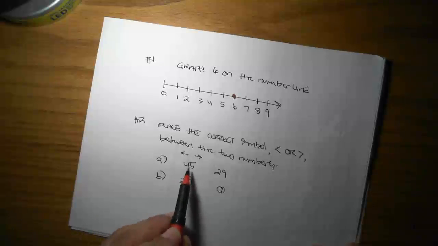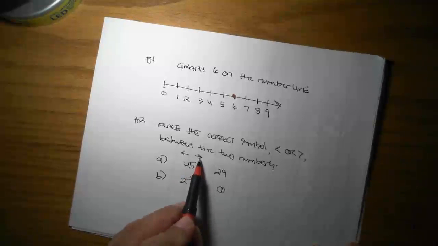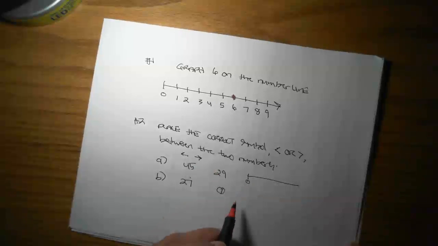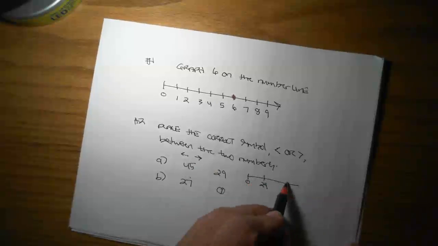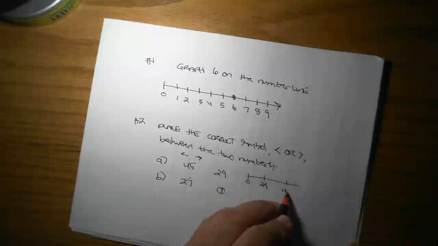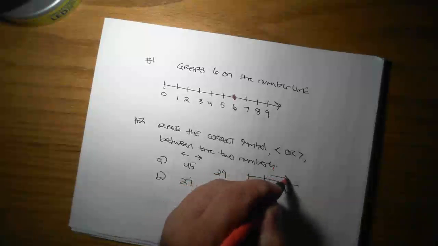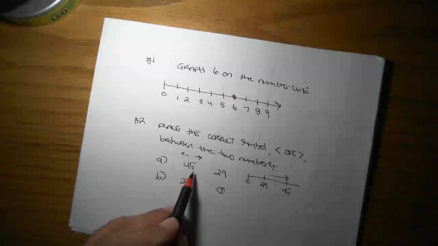So, we know that 45 is actually to the right of 29. If we had a number line and we were counting by ones, we would eventually get to 29. And if we kept counting, we would get to 45. So 45 is to the right of 29, which means that it's greater than. 45 is greater than 29.